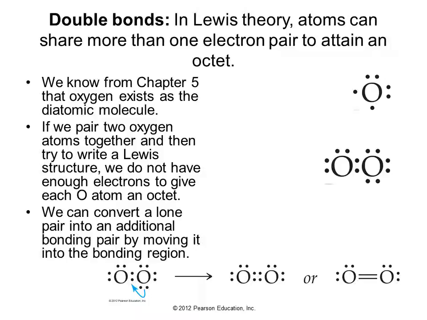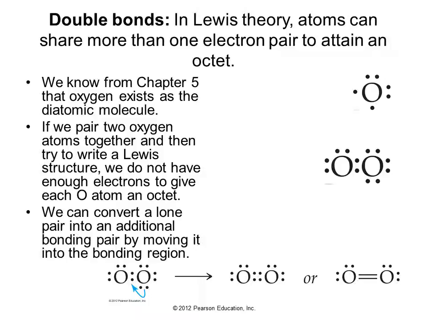It has only 6. So we come up short of electrons, and we've already used our 12 electrons that we started out with. Then we can take a lone pair and move it in as a bond pair. That way it counts for both. So we'll do this by taking this lone pair here and moving it in between, looking like this.